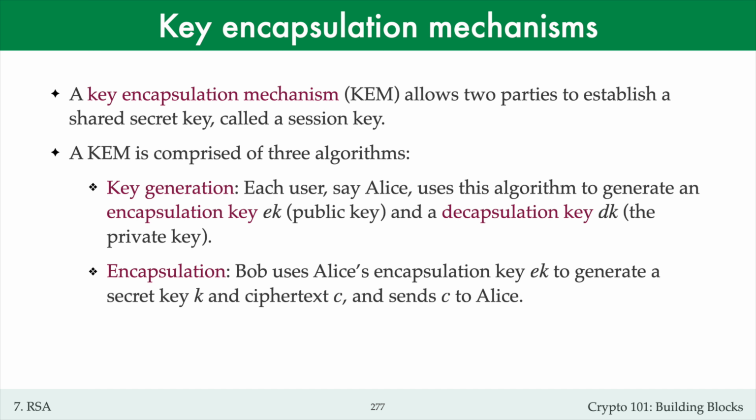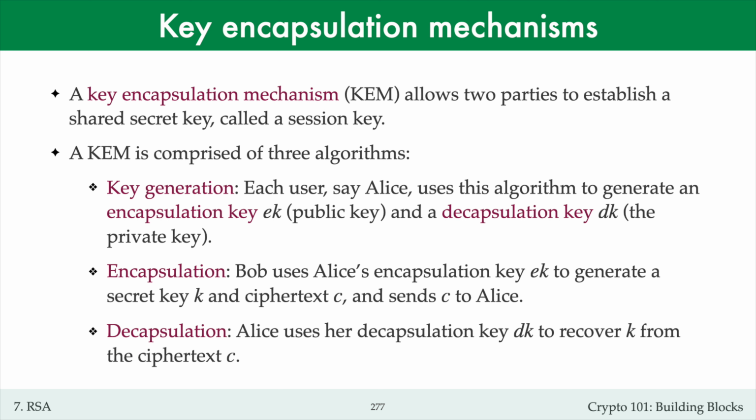Bob uses the encapsulation algorithm to generate the secret key and ciphertext using Alice's encapsulation key. He sends the ciphertext to Alice. Alice uses the decapsulation algorithm with the decapsulation key to recover the secret key from the ciphertext.